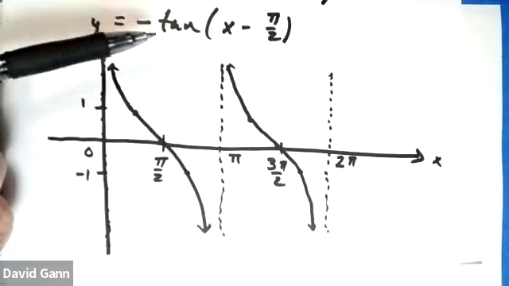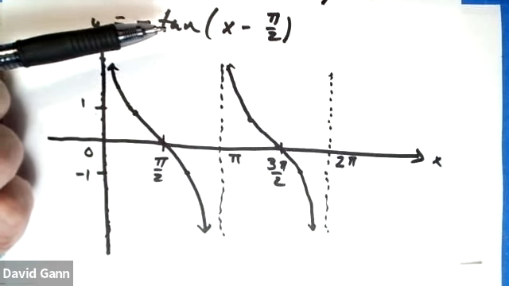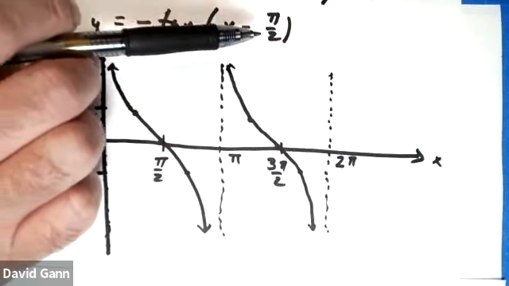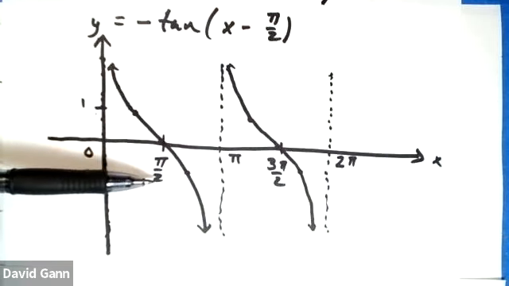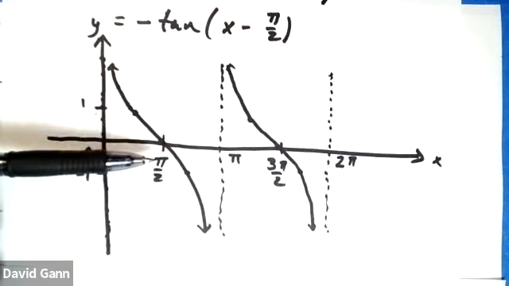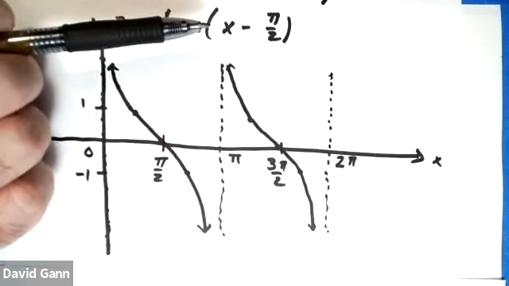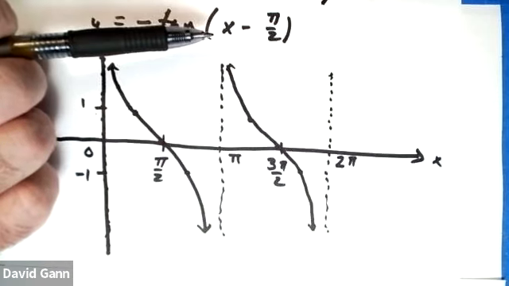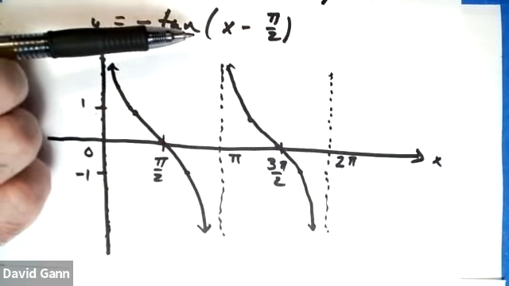Since the normal origin of tangent coincides with the origin of the xy plane, if you shift it to the right by pi over 2, you would expect that reflection point to occur at x equals pi over 2, right? And because the b value is still 1, the normal period for tangent is actually the period of this function.